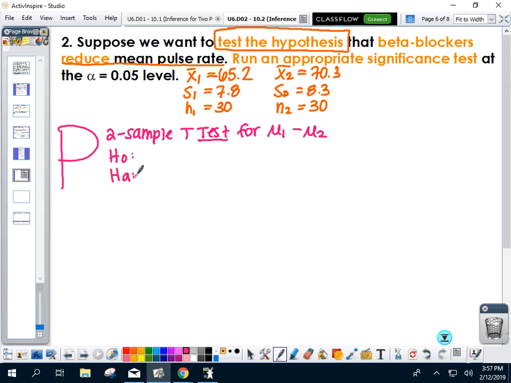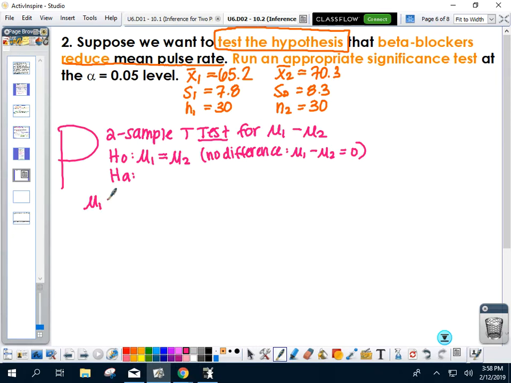For all two sample things, our H0 will be that the mean for group 1 is equal to the mean for group 2. That means no difference in the treatments or in the two groups. Another way we write that is mu1 minus mu2 equals 0. So that's just some background information. And then before I get to my HA, I like to go ahead and define my means.